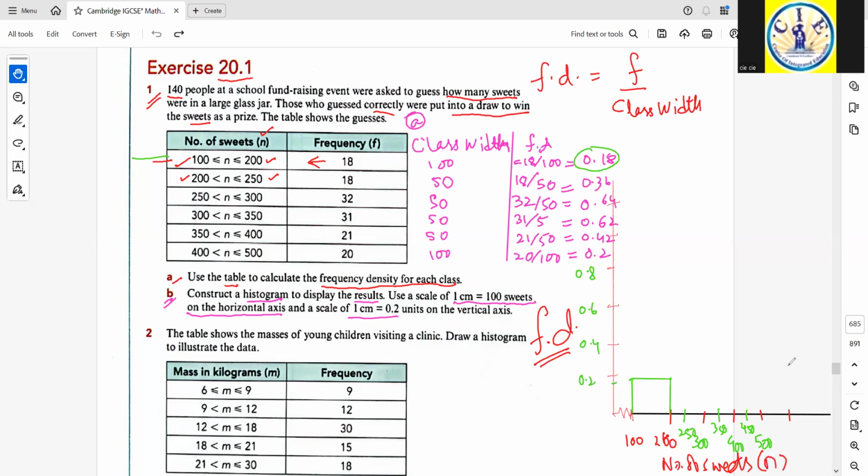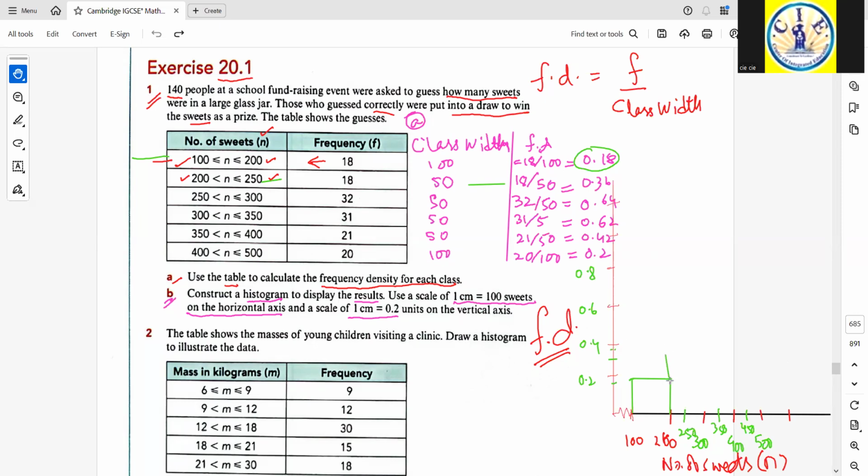Okay. Then for the second bar, its width is 200 till 250, and its frequency density is 0.36. So 0.36 would be, this is 0.3, in between 0.2 and 0.4, and then above that like this.